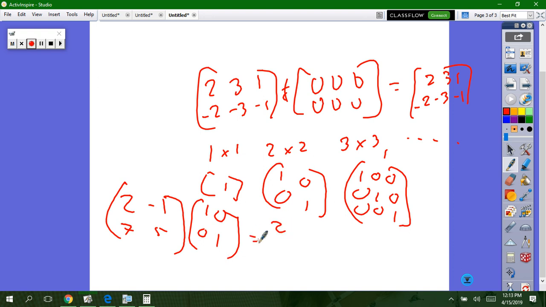First row, second column: 2 times 0, 0, plus negative 1 times 1, negative 1. 7 times 1 is 7, 5 times 0 is 0, that's 7, and that would be 5. Notice, I get the exact same matrix. It's like times by 1. That would be our multiplicative identity for a 2 by 2. Okay? Does that make sense?